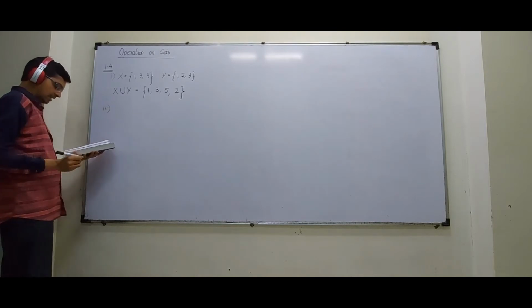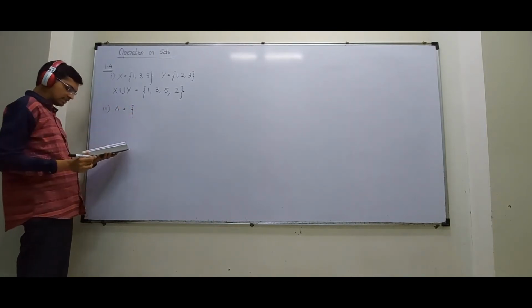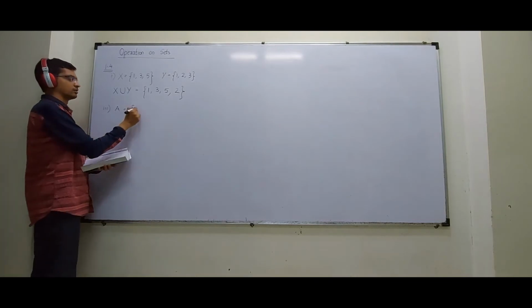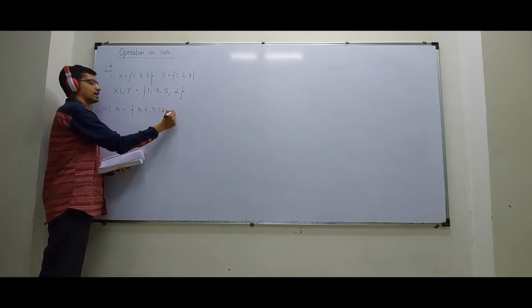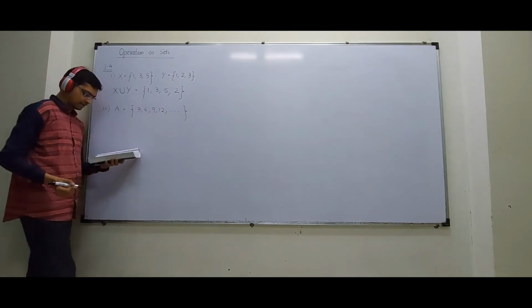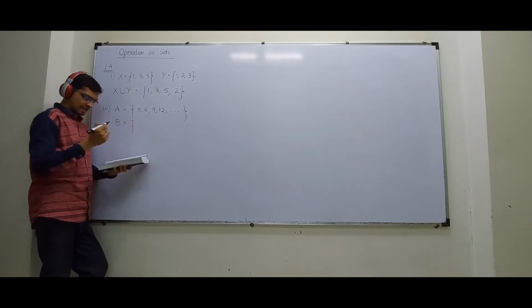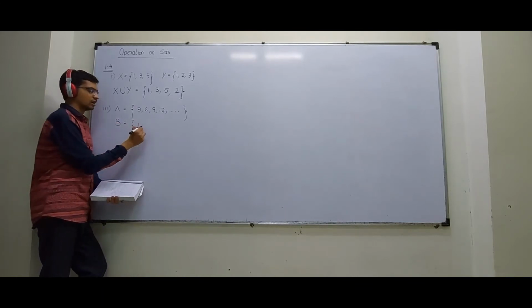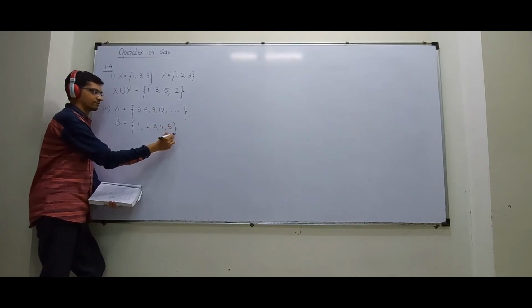Third one, A is the set of natural numbers that are multiples of 3. So 3, 6, 9, 12 and so on. Correct? B is the natural numbers less than 6. So 1, 2, 3, 4, 5.